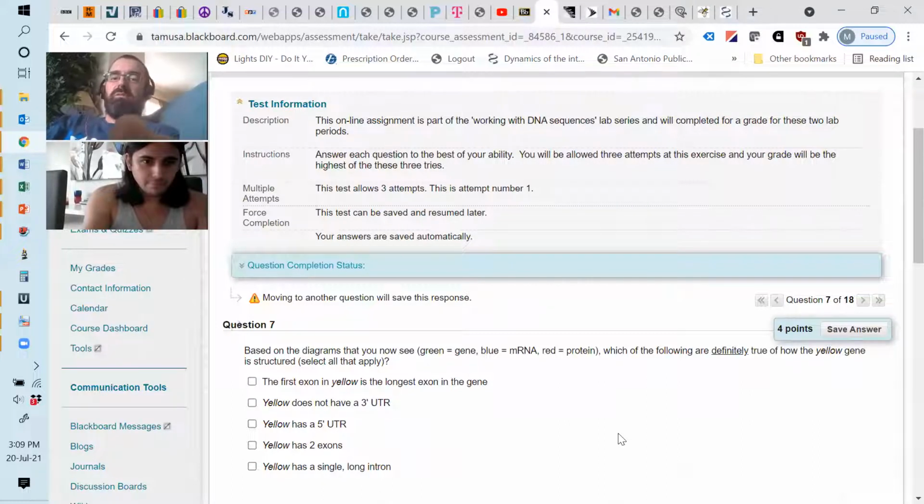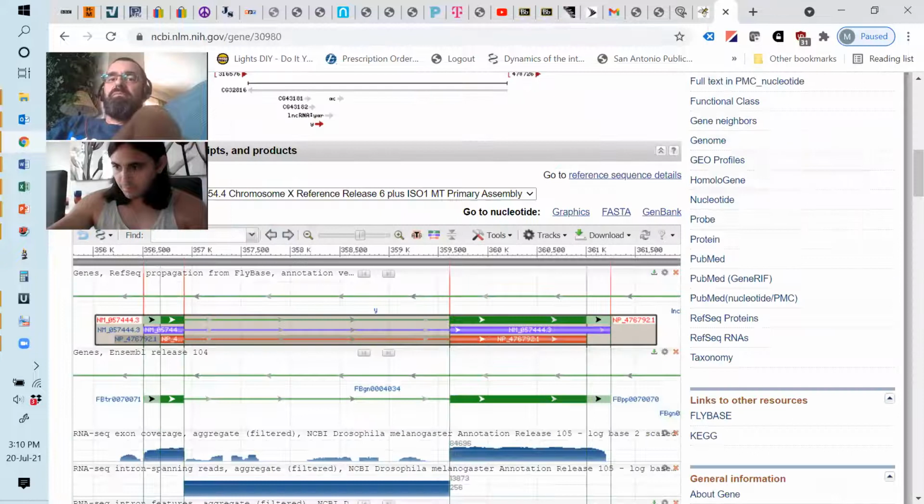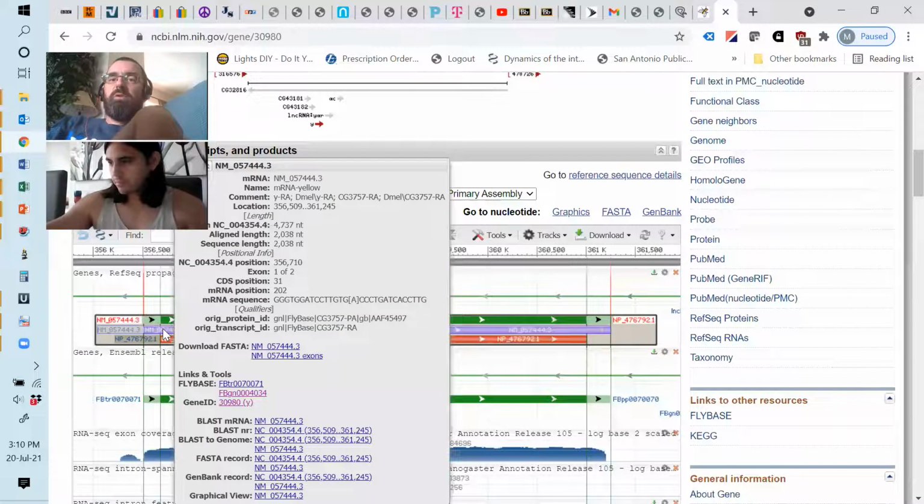Okay, so you just got to look at the picture. And do these apply? Are these true statements? The first exon in yellow is the longest exon in the gene. Exon 1, according to this.